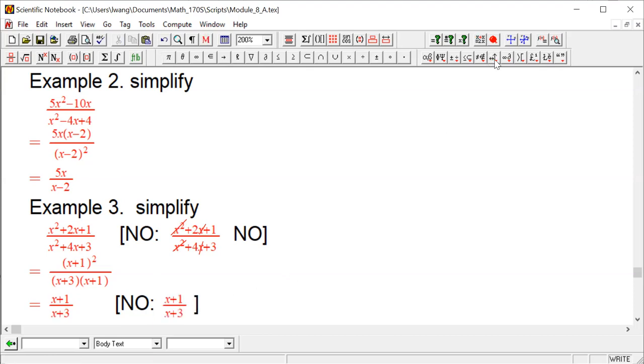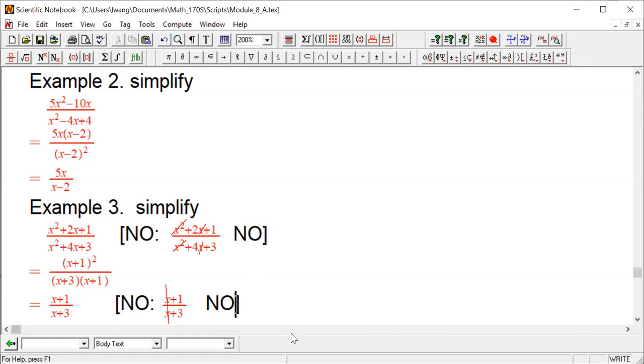That's a no-no. Don't cross out these two. If you have any questions about why we cannot, you should ask your teacher. These are the examples of factoring.